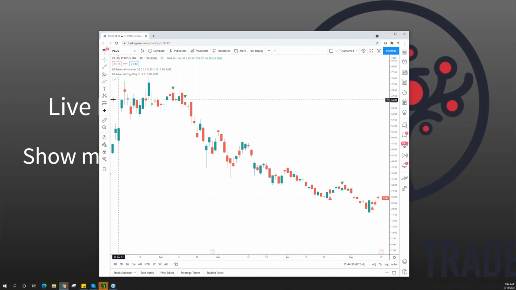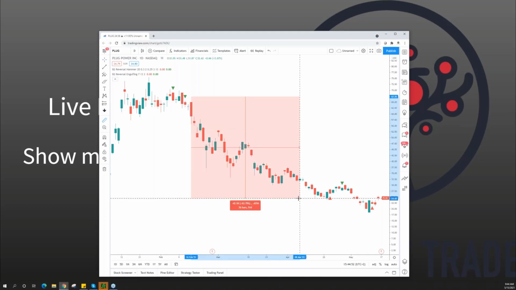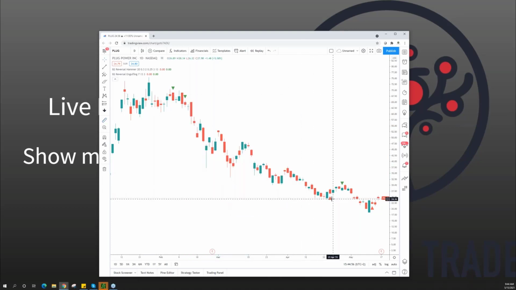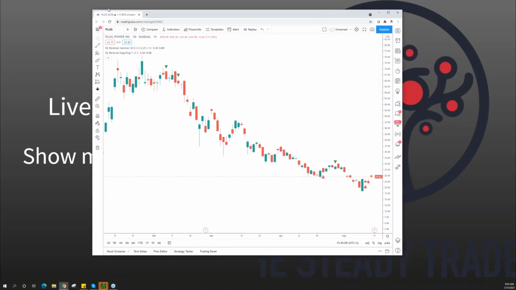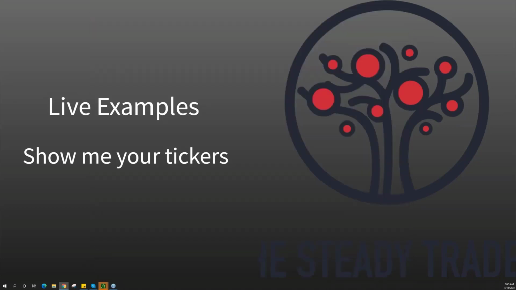So PLUG then ended up collapsing like 63%. Then they were small oversold, buy signal, and then again overbought, and then boom, PLUG again dropped another 32%. Then we just recently got a small buy signal. Now keep in mind, this company reports earnings next week, so don't get into this signal right now. This is just one that I want to quickly show you.